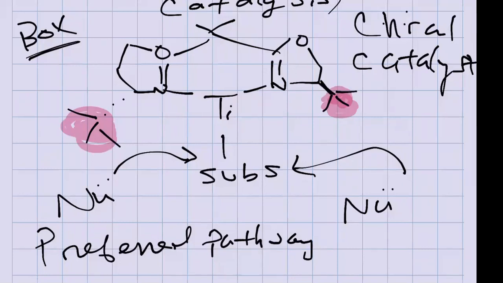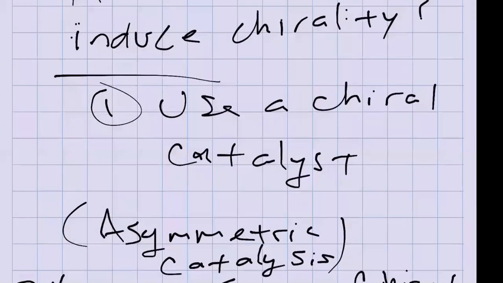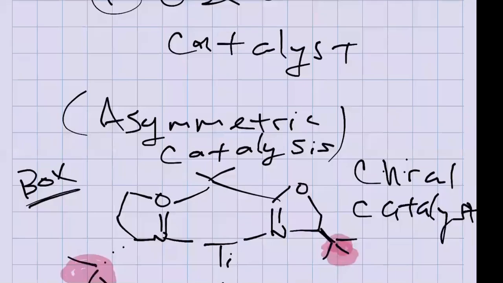Sometimes you can have a chiral catalyst with all the bells and whistles and still get a racemic mixture, because maybe the catalyst isn't bulky enough, or the way the substrate bonds is different, and the reaction takes place in a way where the ligand doesn't affect it. So there are things that happen like that. But for the most part, you're not going to get a racemic mixture if you use a chiral catalyst. So that's one way to induce chirality, is to use a chiral catalyst, right?